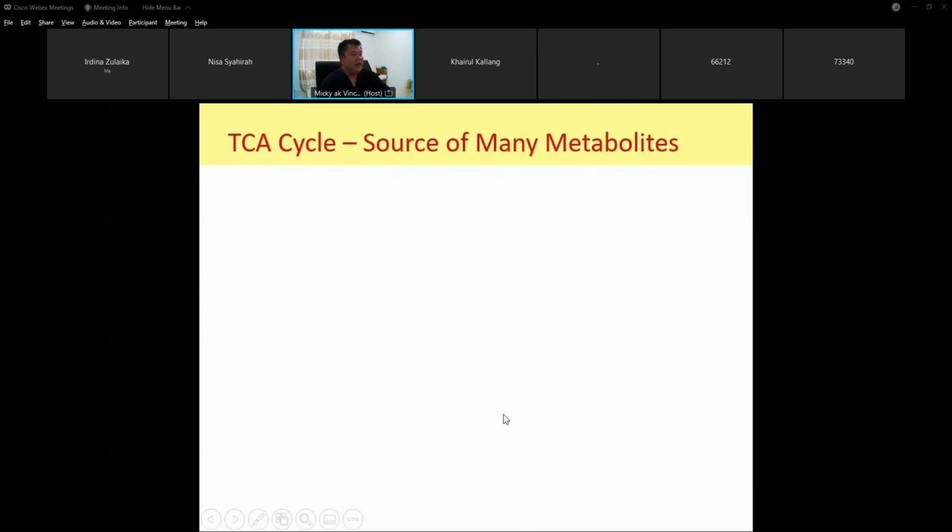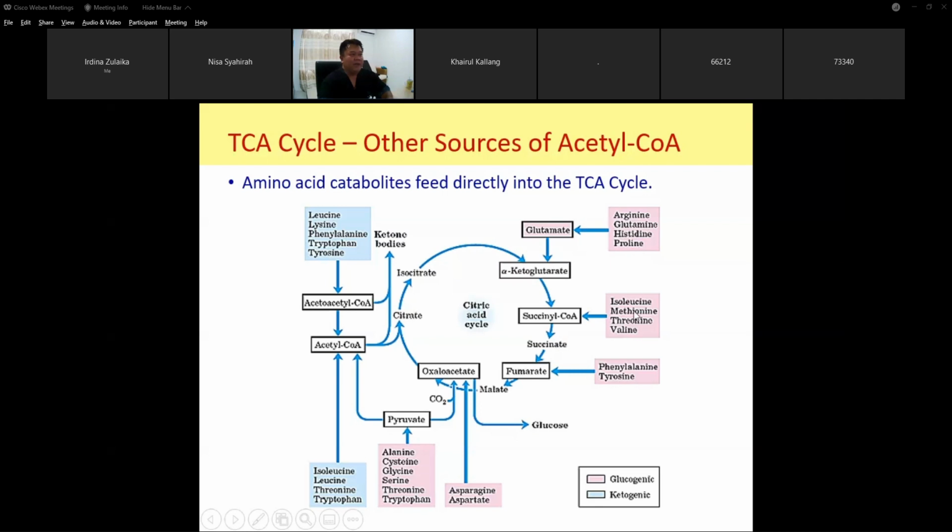So selain daripada all the different amino acids that can produce all the different metabolites for the citric acid cycle, it can also be the other way around. Selain daripada dia menerima benda lain, all these metabolites can also be used and transported to produce other things.